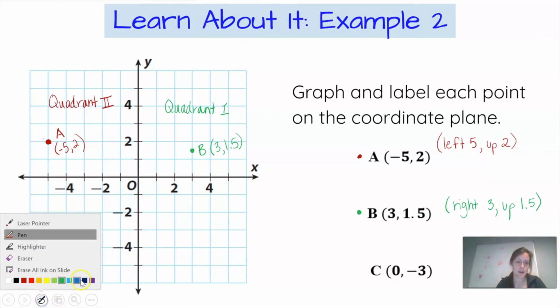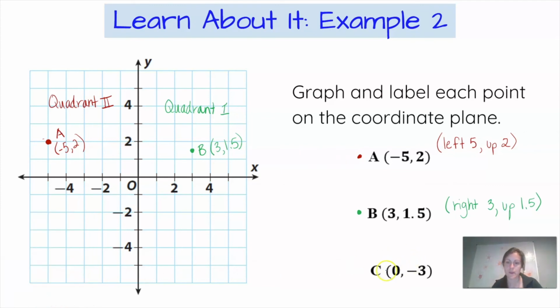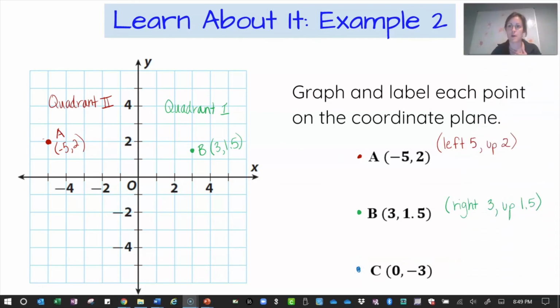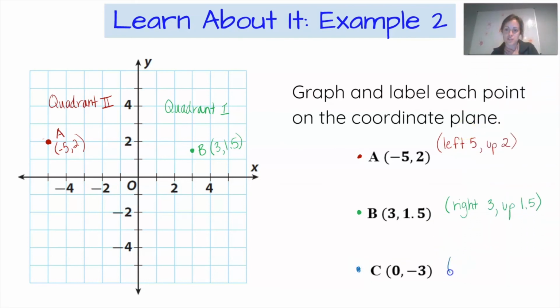My last ordered pair is point C, and it's asking me to plot the point 0, -3. These directions are saying 0, so I'm going to stay put, and I'm going to go down 3.